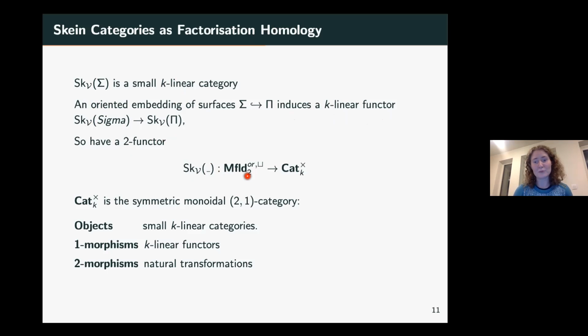So we're in manifold dimension 2, and the embeddings are going to be sent to the induced functor between the Skein categories, and then you can have higher morphisms between your embeddings, and that will get you the natural transformations. And so this is a two-functor.